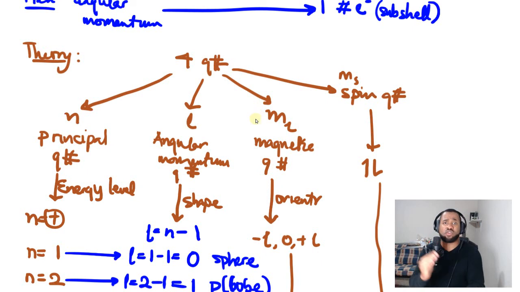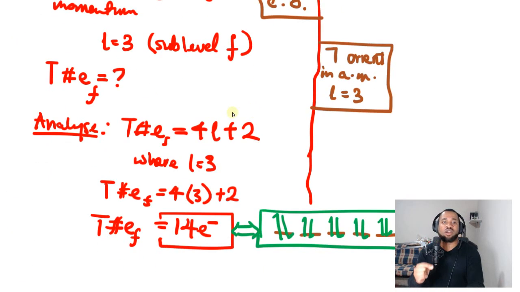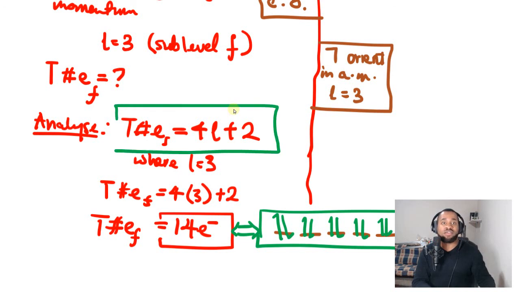Remember what the ways are to go about it. Remember, most importantly, the key formula to keep in mind, which is 4L plus 2 for the total number of electrons in a specific sub-level. This will be the key for you to determine how many electrons are present in that specific sub-level.